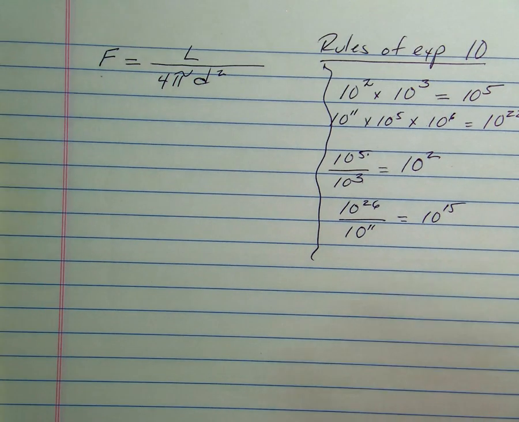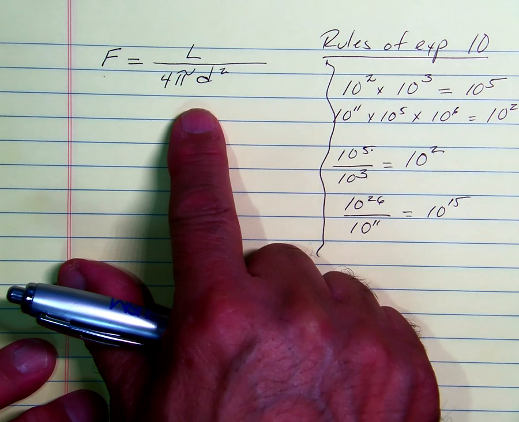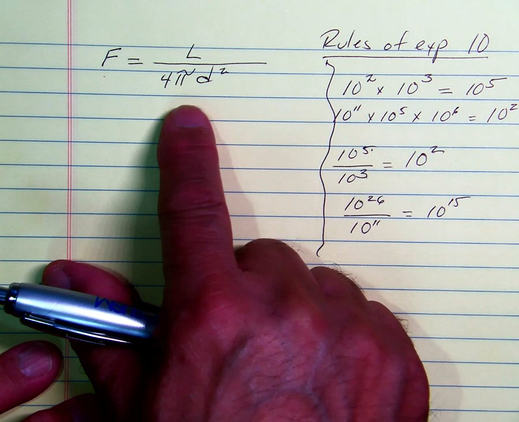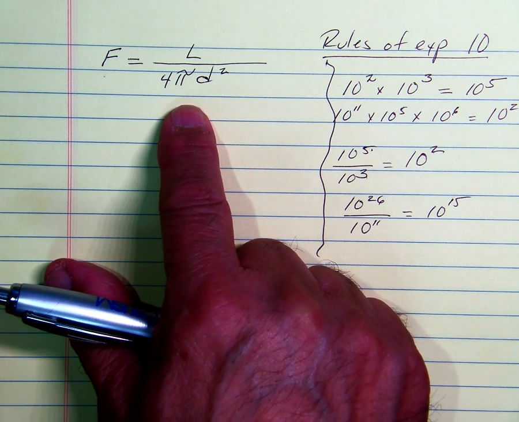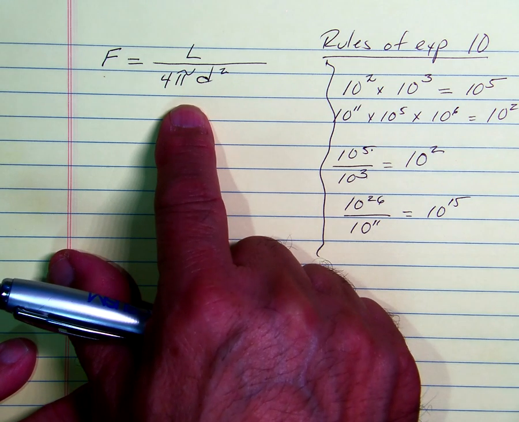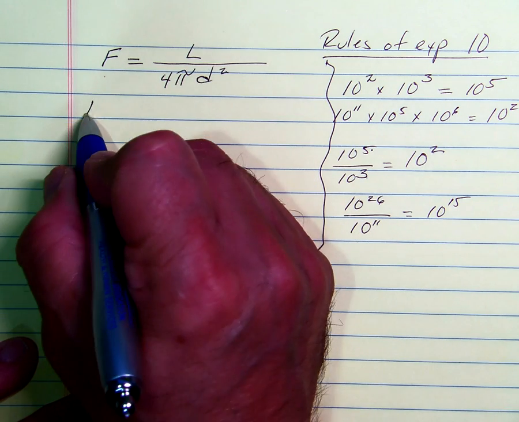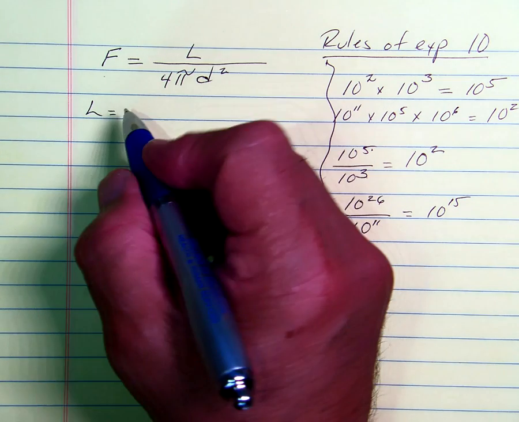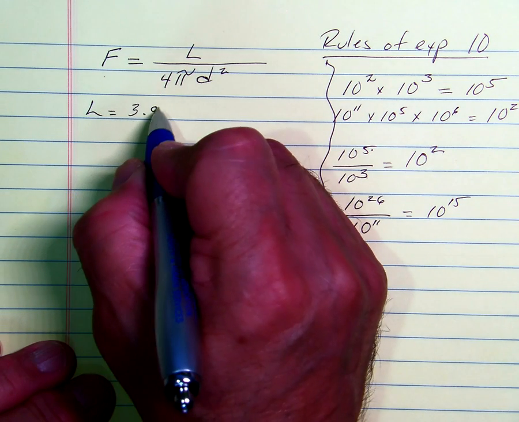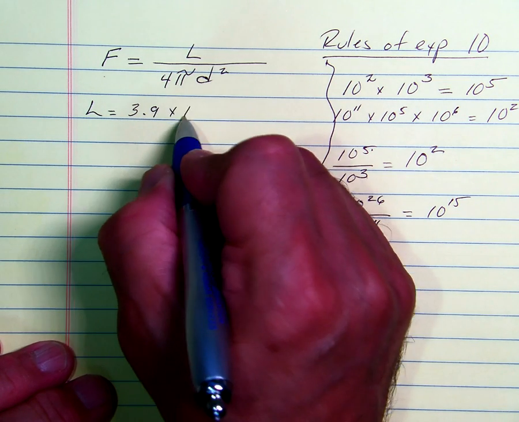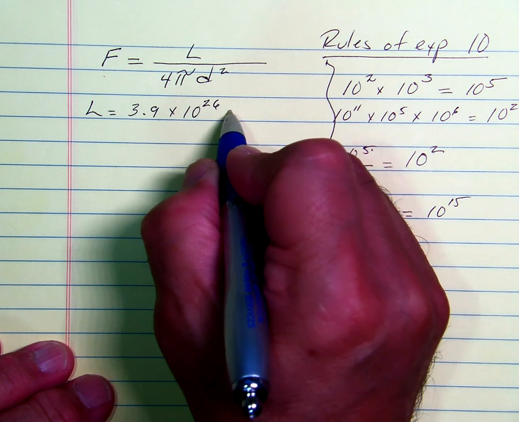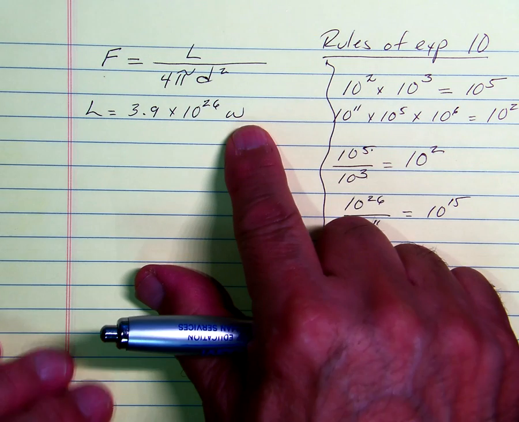So in this case, let's figure out the flux on the Earth. What is the apparent brightness on the Earth from our given star, the sun? There's a couple of givens. Luminosity is equal to 3.9, that's the power of the source, times 10 to the 26 watts. It's a huge number. The power of the sun is unbelievable.